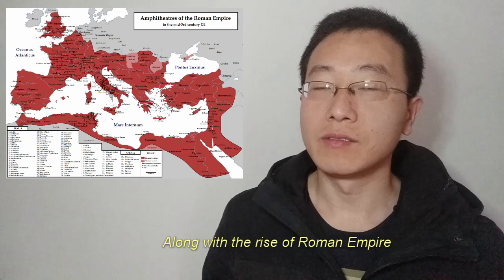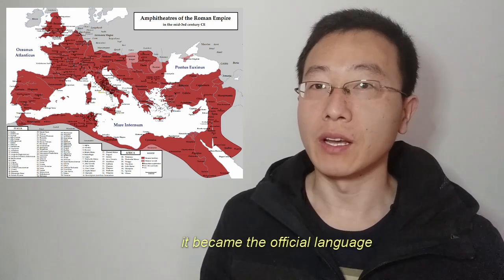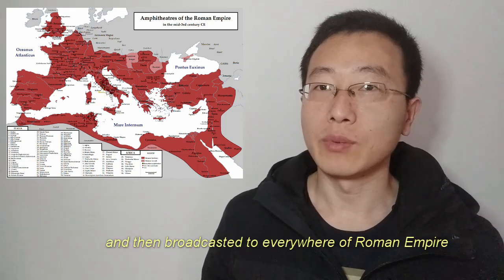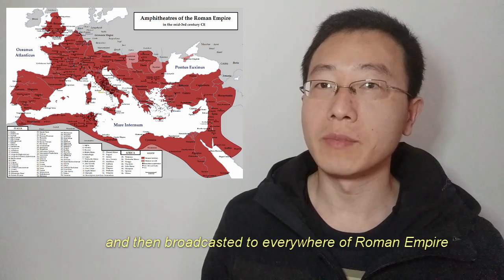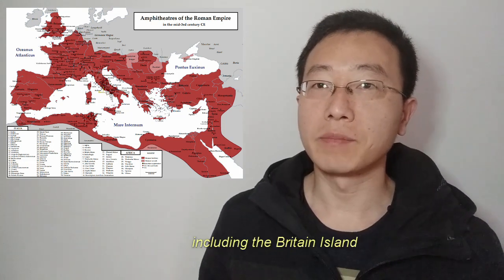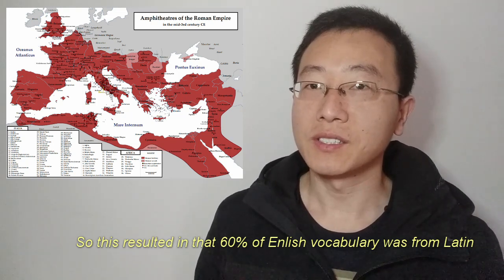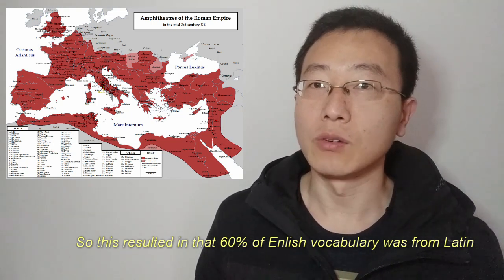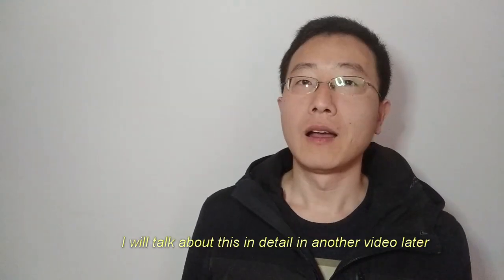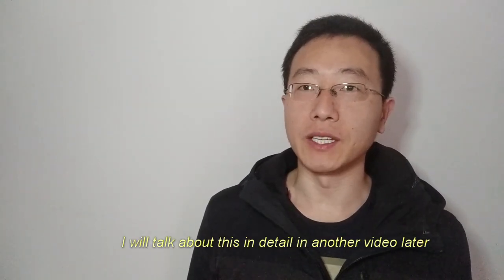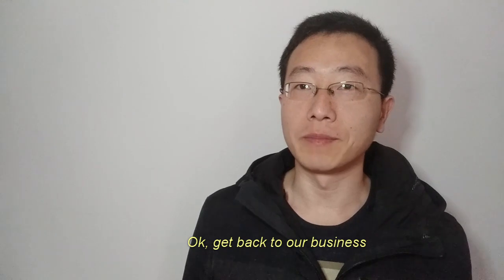Along with the rise of the Roman Empire, it became the official language and then spread everywhere in the Roman Empire, including the British Isles. So this resulted in 60% of English vocabulary being from Latin. I will talk about this in another video later. Okay, get back to our business.